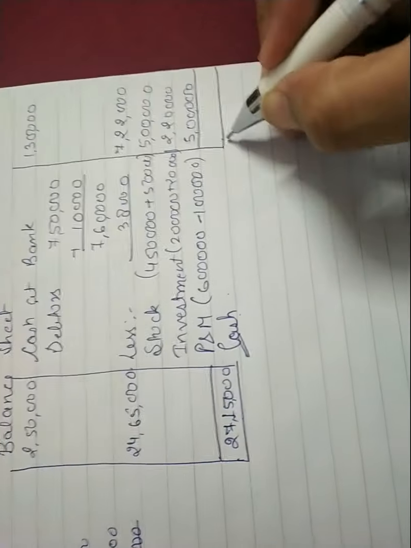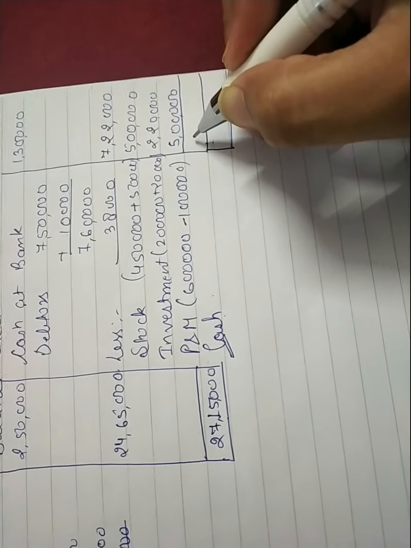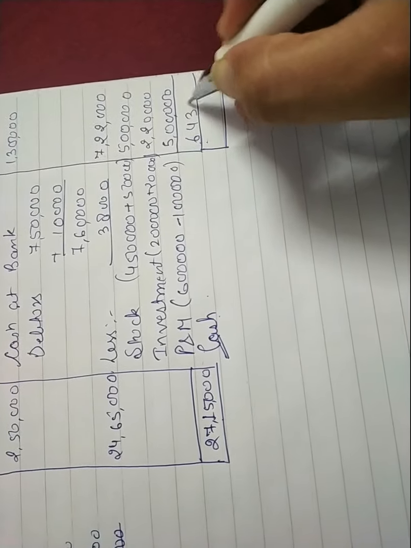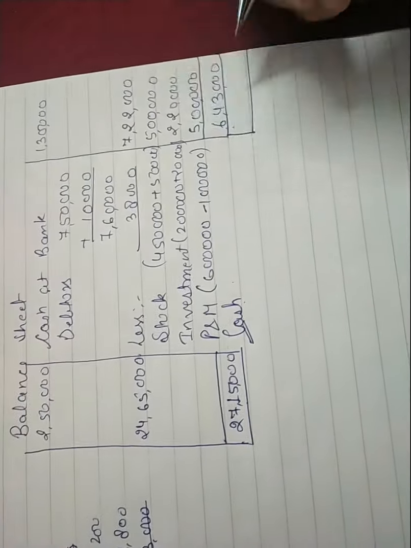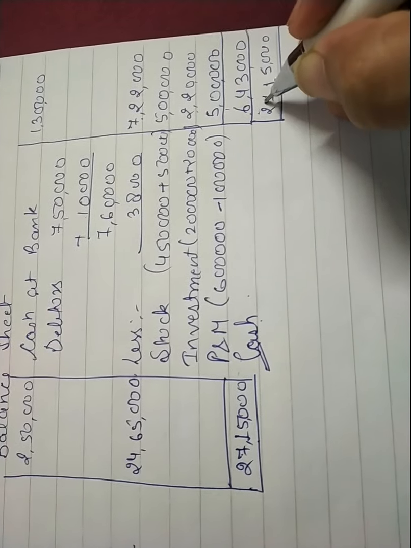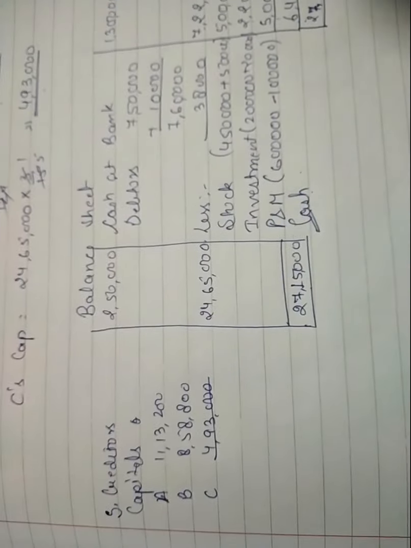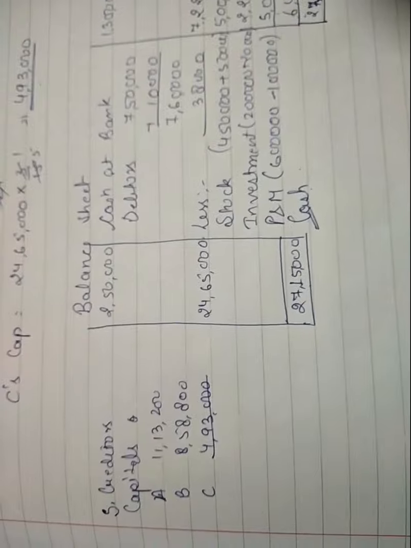So I am writing directly here and I will do the total in the next column, that is 6,43,000. Now we will do the total of our asset side. Now the total of our asset side will also become 27,15,000. Okay, so this was our question number 78.